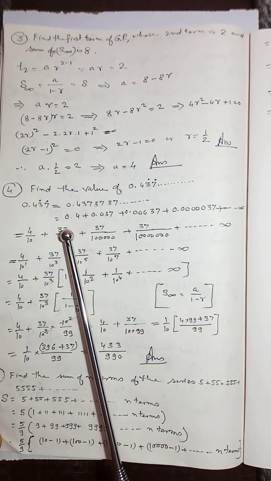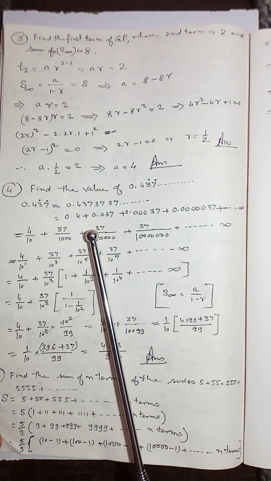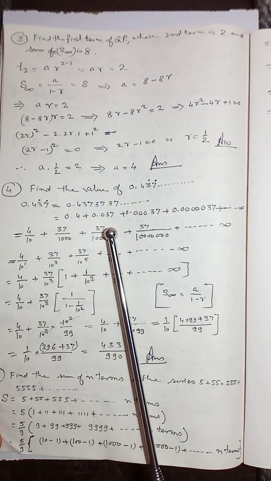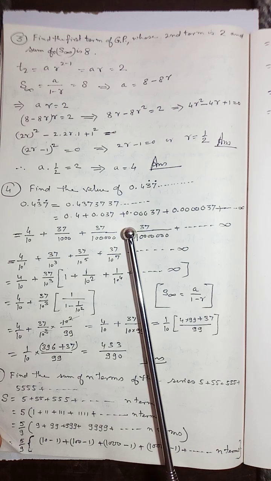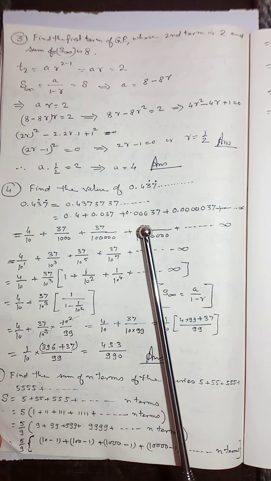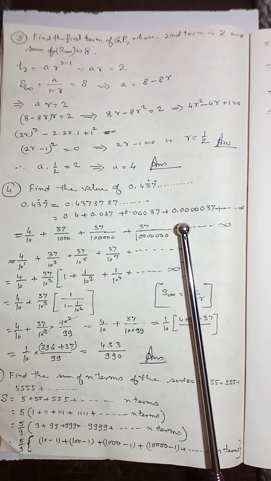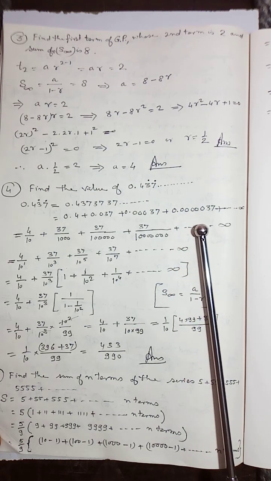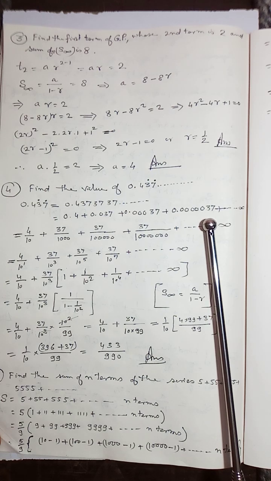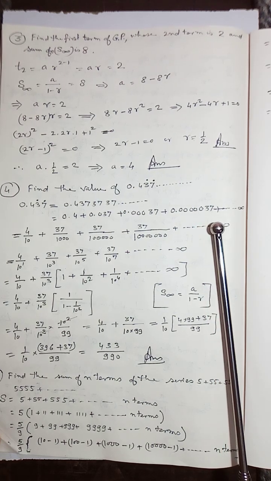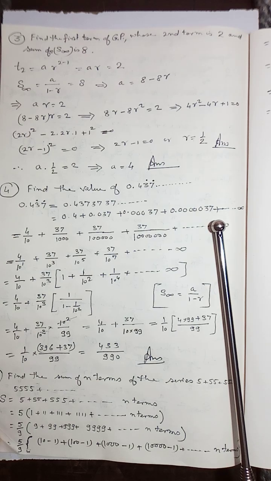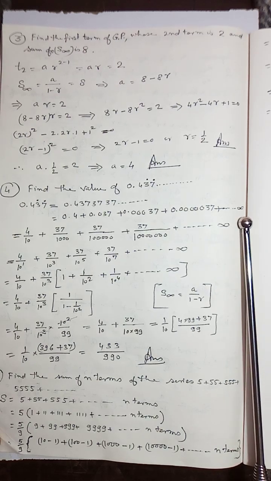That will be further equal to 0.4 plus 0.037 plus 0.00037 plus 0.0000037, and so on to infinity.